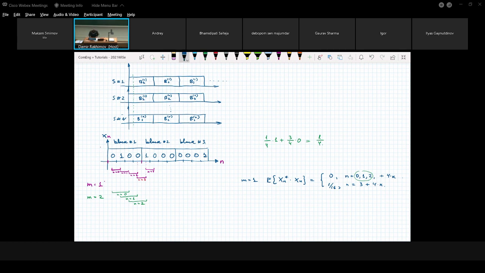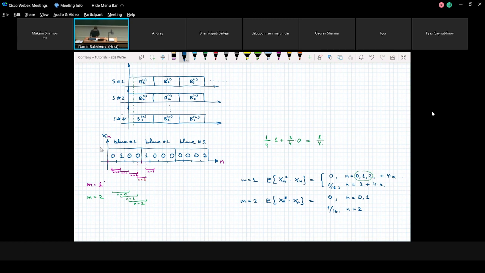So this is the answer for m equals 2, and then we have 1/16. Now we have the case n equals 2.